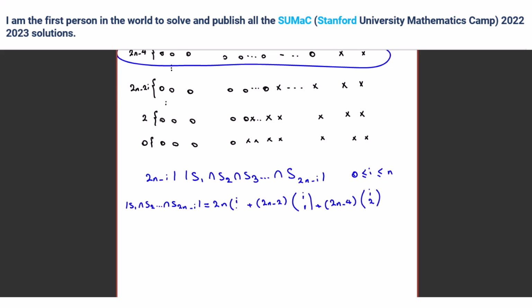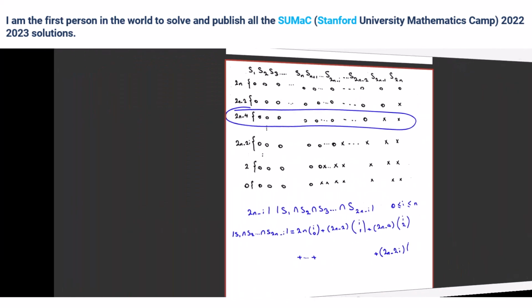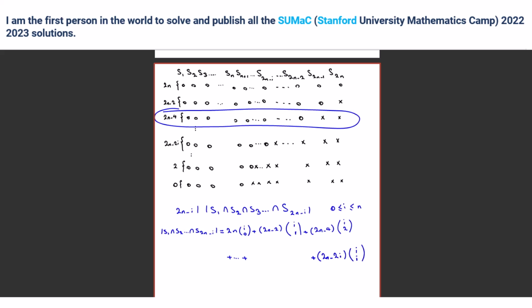Okay, all the way to what are the last two terms? Let's write the last term first. The last term is this one, the constant: 2n minus 2i times i choose i, right?